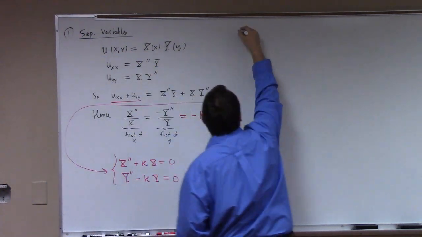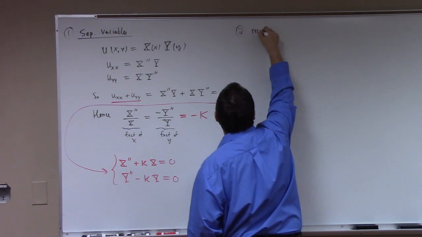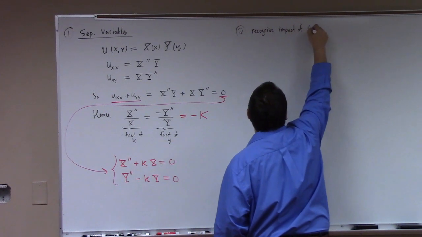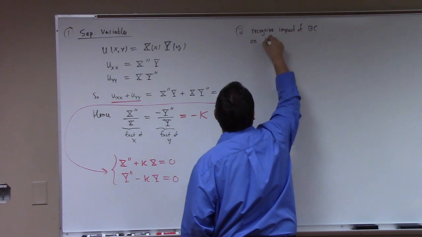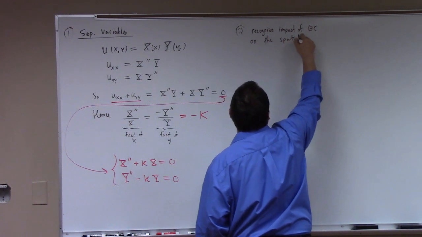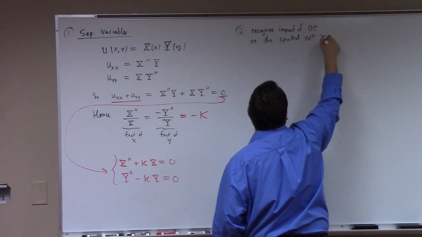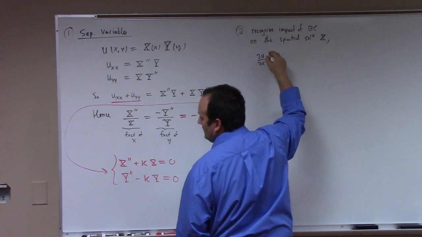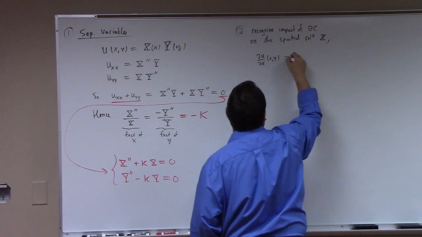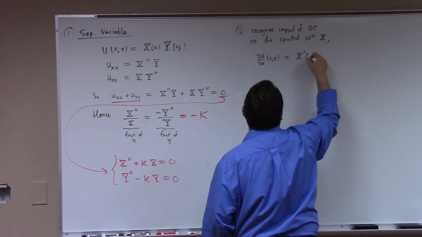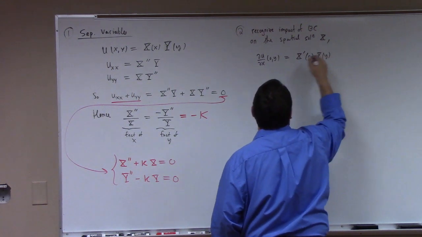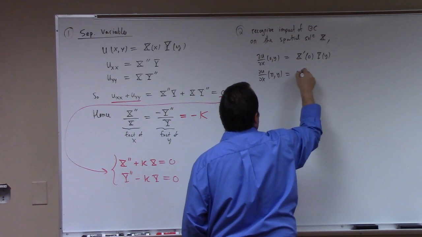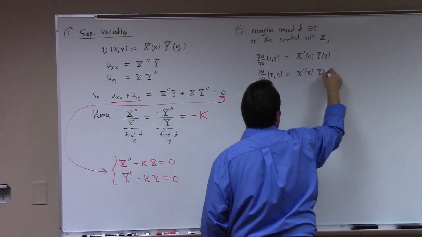Step 2 would be to recognize the impact of boundary conditions on the spatial solution X. In particular, we have partial u, partial x at (0, y), which would be X'(0) times Y(y), and partial u, partial x at (pi, y) would be X'(pi) times Y(y), right?